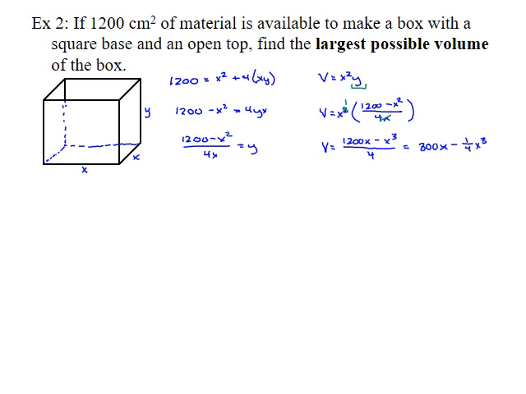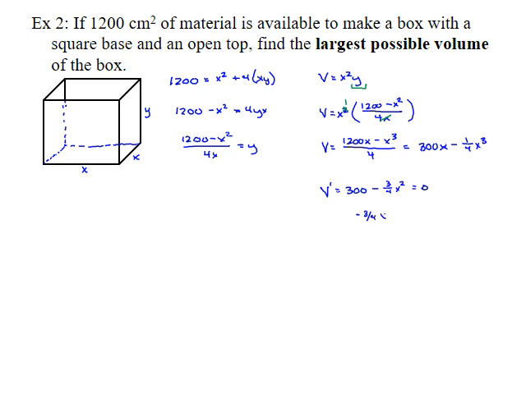That volume formula now only has x's in it, so now you can maximize the volume. So we're going to find v prime, so take the derivative. That would be 300 minus 3/4 x squared, and to find its critical number, we're going to set that derivative equal to 0. I'm going to move the 300 over.